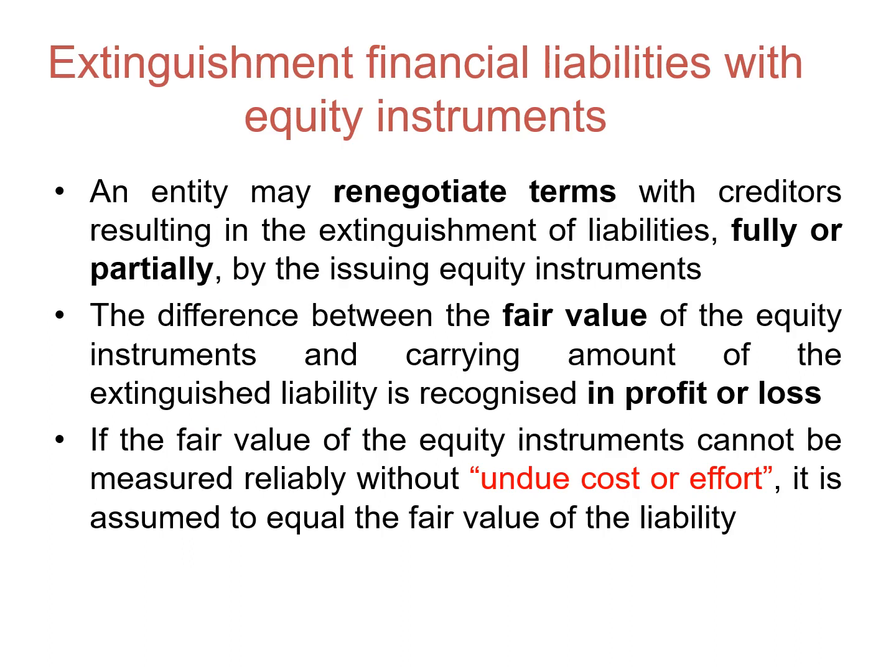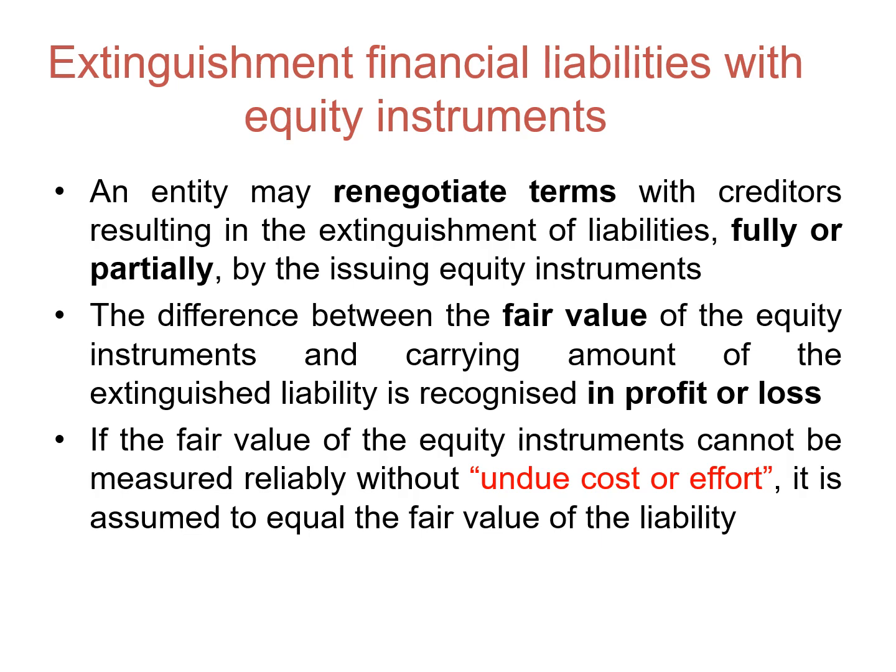What you may also find is that an organization may enter into a transaction where it extinguishes its financial liabilities by issuing equity instruments. If this happens, the entity may renegotiate the terms of such settlement with its creditors, and that may result in an extinguishment of its liability, maybe fully or partially.